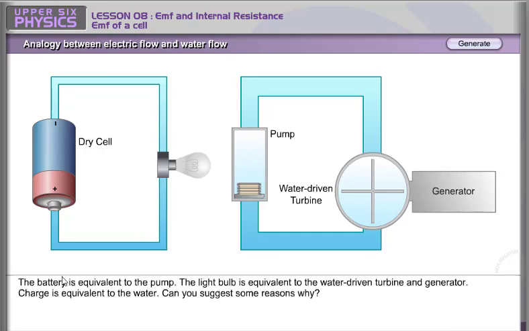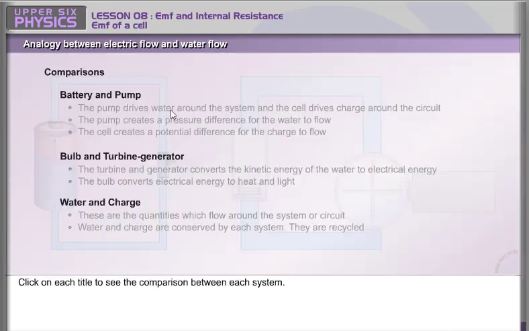So the battery is equivalent to the pump, the light bulb is equivalent to the water driven turbine and generator. Okay, and the charge is equivalent to the water. Okay, the charge, electron, is equivalent to the water, because that's the flow, right?